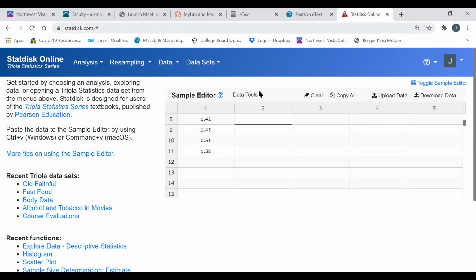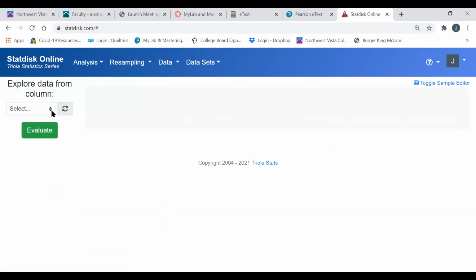Okay. Click on Data Tools, Explore Data, and select column 1.